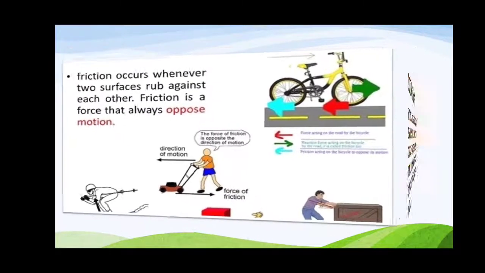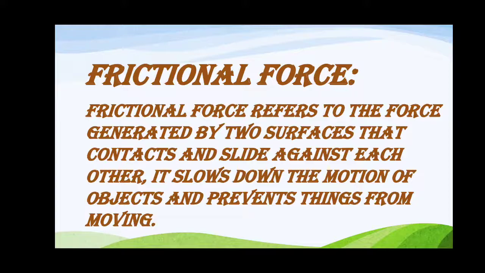So this type of force which is trying to oppose the motion of objects, or otherwise we can call it as the force generated by two surfaces that contact and slide against each other. It slows down the motion of objects and prevents things from moving, is called as frictional force.